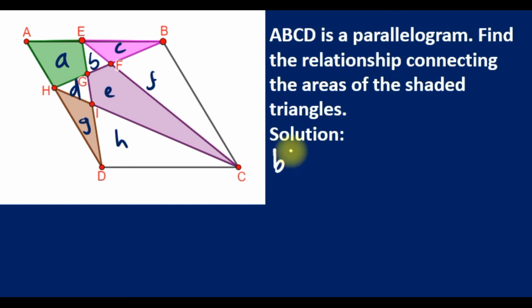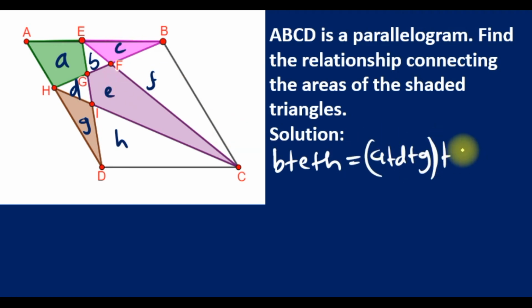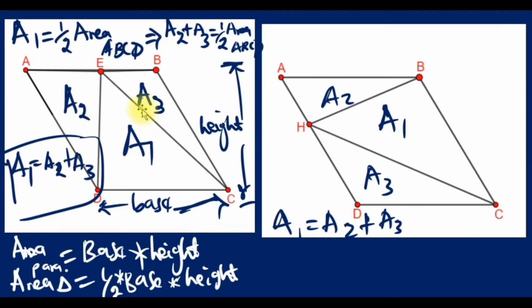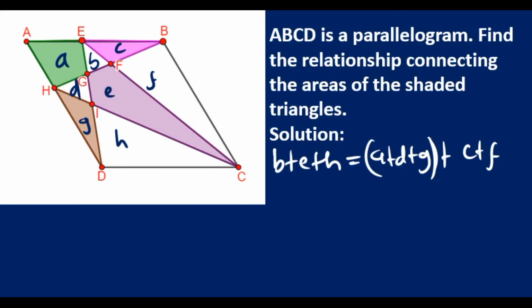B plus E plus H, that's this triangle, is the same as A plus D plus G plus C plus F. From what I just explained, this area is the same as this plus that. So that's the first thing you have to know.